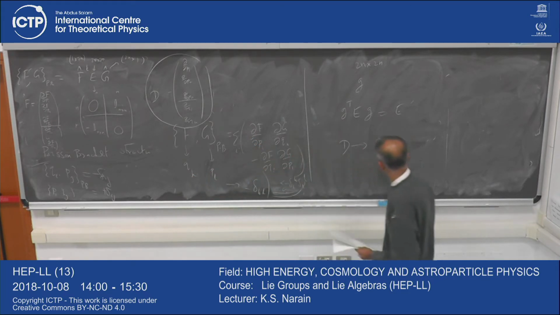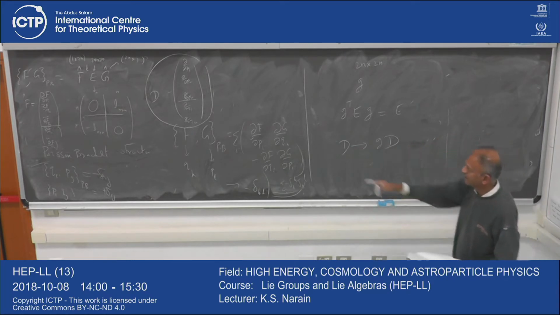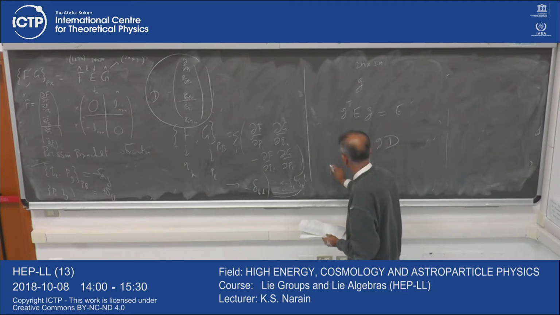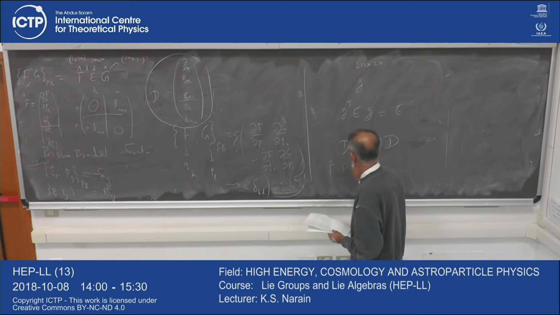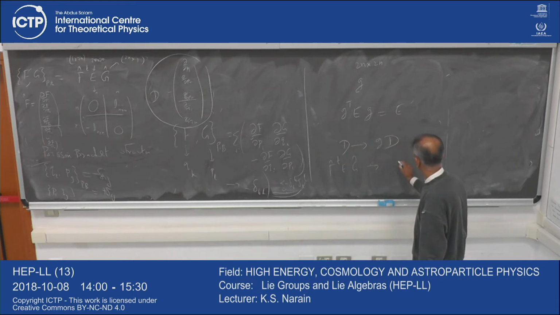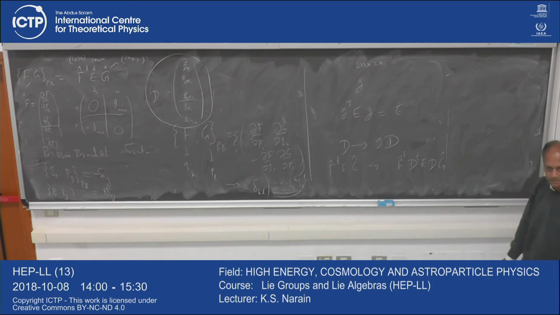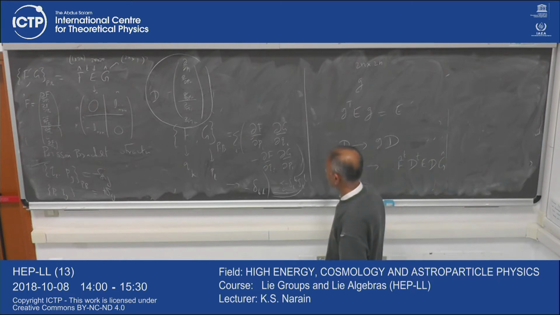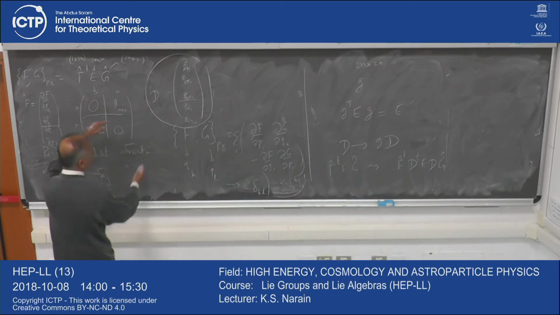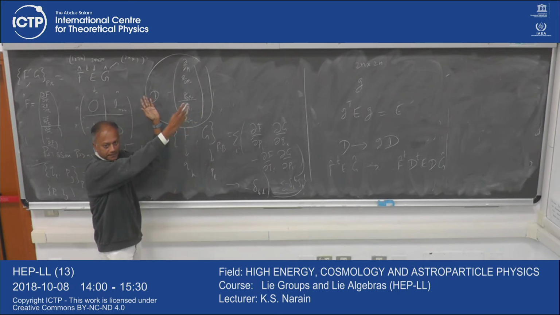So this is what I'm saying, D goes to GD, then you'll find that this f hat transpose E g hat goes to f hat transpose, then you have a G transpose, E, G. Right, it's clear, right? Because if you look at the f hat transpose, you have to take the transpose of this guy, right?